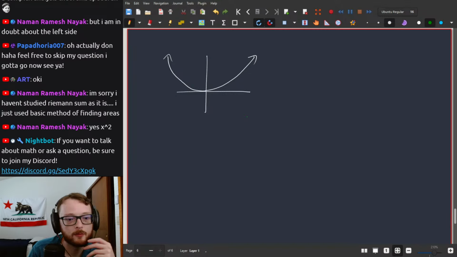Thanks for hanging out. You can draw rectangles, and let's say we're gonna use 3 rectangles. As a rule, you can draw rectangles either on the left side they go up to the function and that determines their height, and you'll get rectangles like these.